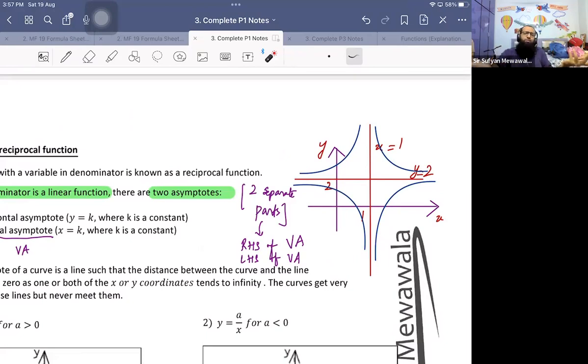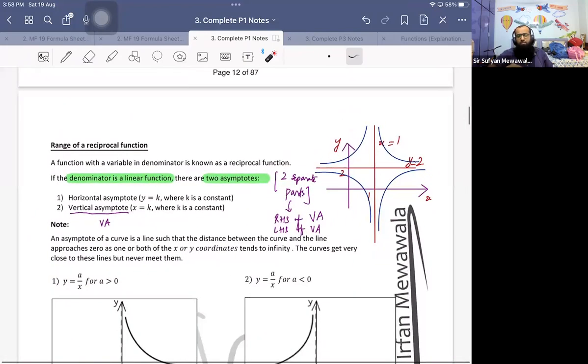It's possible. Now that will vary from equation to equation. So this is only to explain that if the vertical asymptote is x equals 1 and the horizontal asymptote is y equals 2, then these two values will not be possible because these are the asymptotes. Now asymptotes will vary. They will not always be fixed. It will vary from equation to equation.